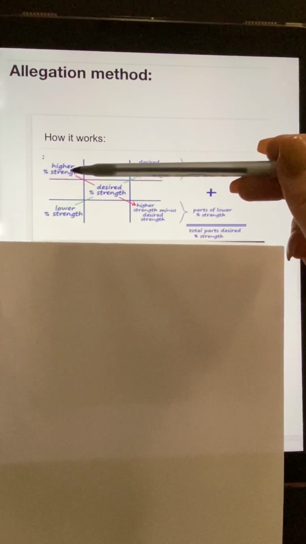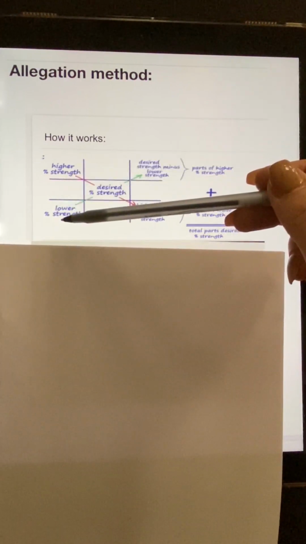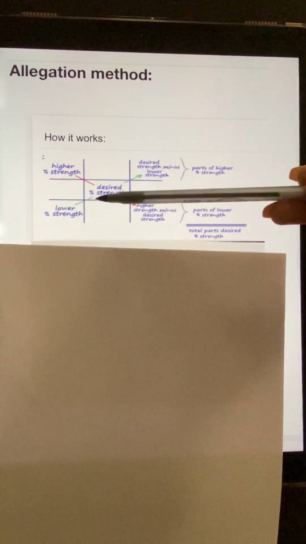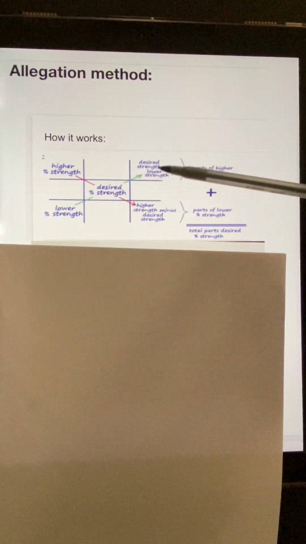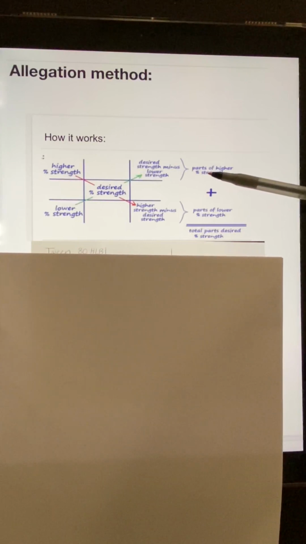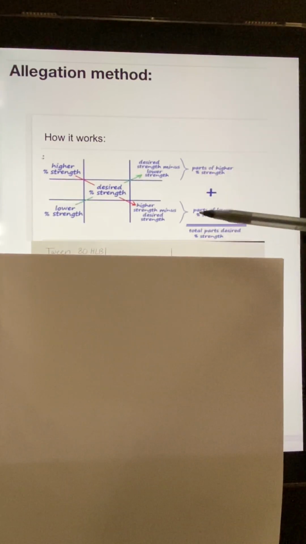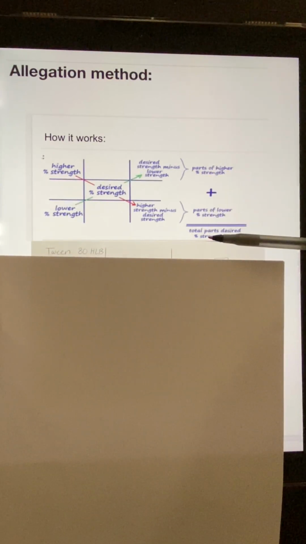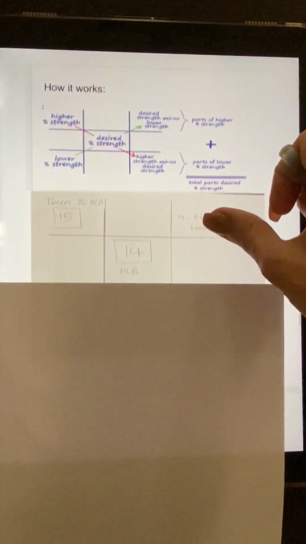So always the higher strength goes on top, lower strength goes on the bottom, the desired strength goes right in the middle. Subtracting the numbers, you will get the parts of each surfactant that is needed here. At the end, you add up the parts to get the total part of desired strength.